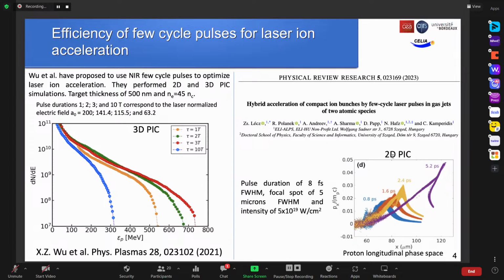They did 2D PIC simulations of the interaction of these pulses with gas jets, and the energies are not incredible for the protons, but compared to the energy in the pulse, this was quite efficient, and as it's using gas jets, could be interesting for some applications requiring high repetition rates. So there is a push right now to go to these few-cycle pulses.